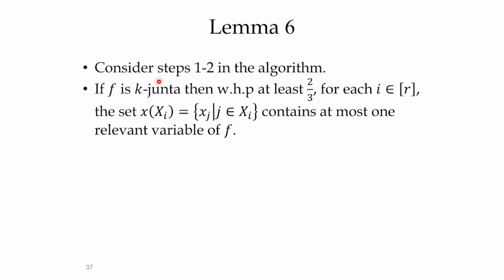And we have lemma 6. Consider steps 1 through 2 in the algorithm. If f is k-junta, then with probability at least 2/3, for each i in R, the set x of capital Xi, equal to xj where j is in capital Xi, contains at most one relevant variable of f.